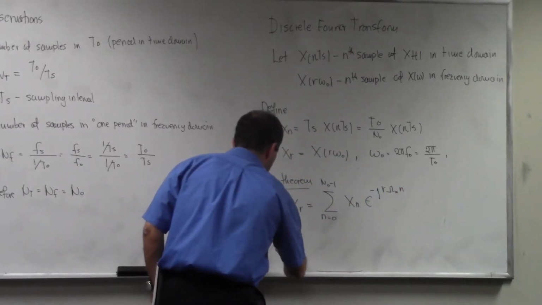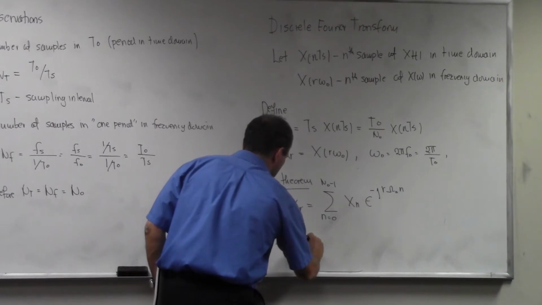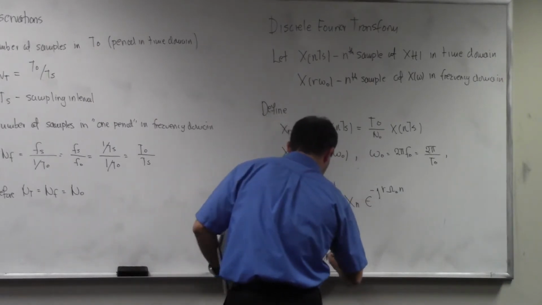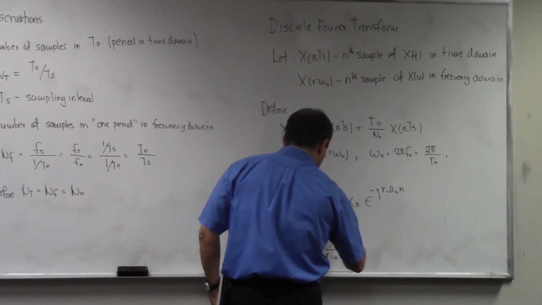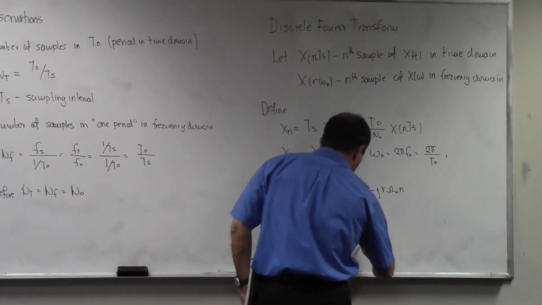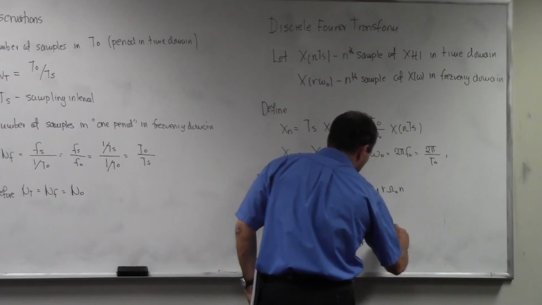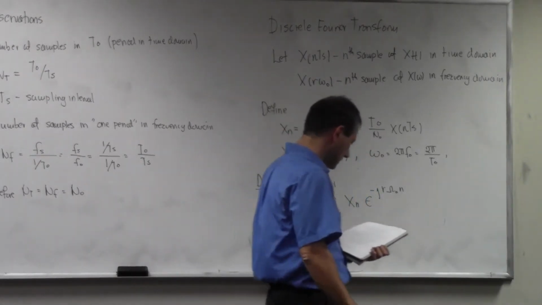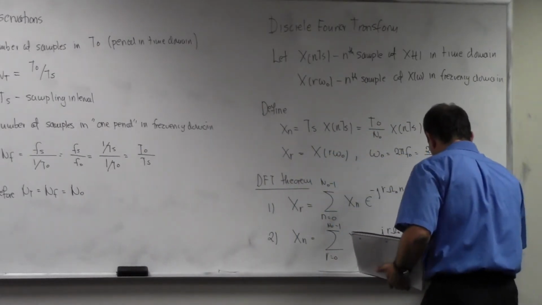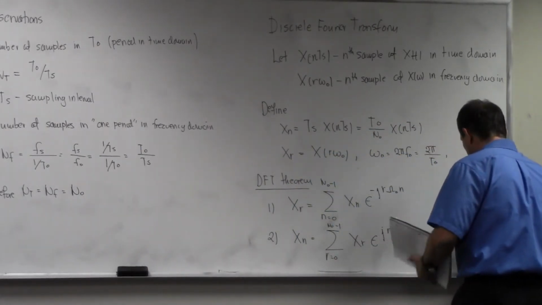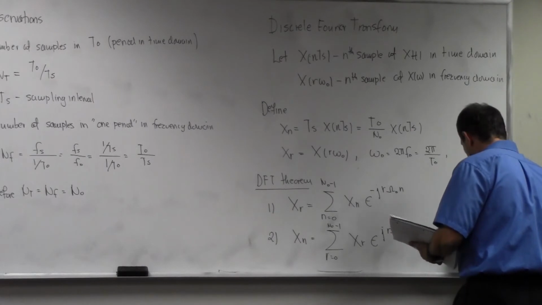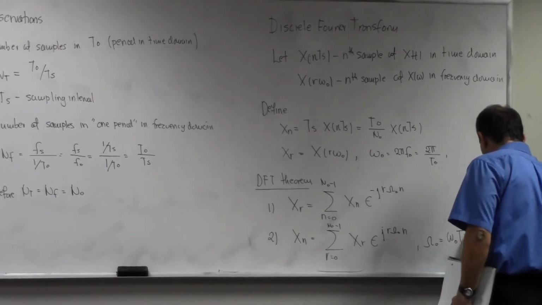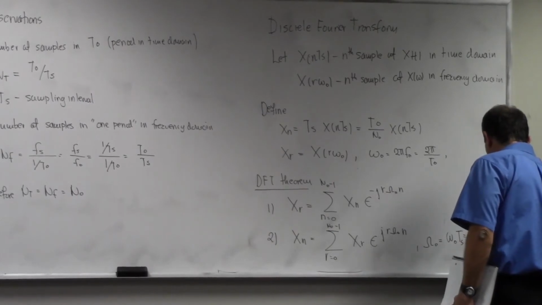And then second is xn is equal sum when r goes from 0 to n0 minus 1, xr e to the j r omega 0 n. Where this omega 0 is omega 0 t, which is 2 pi, yes, 2 pi over n0.